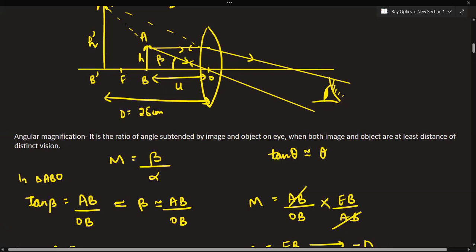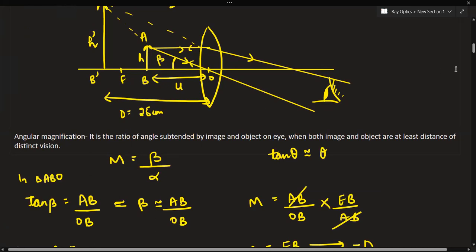Here our object was kept, so this is U, the object distance. The image is now finally forming here where the light rays got enlarged. This distance, that is 25 centimeters, at which we are able to observe the image clearly, becomes our image distance. So tan beta will be AB divided by OB, where AB is the height of the object divided by the object distance.